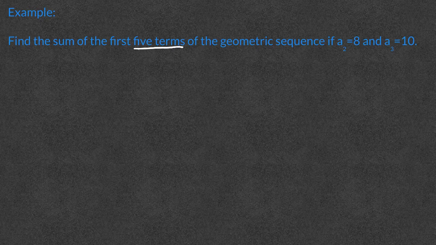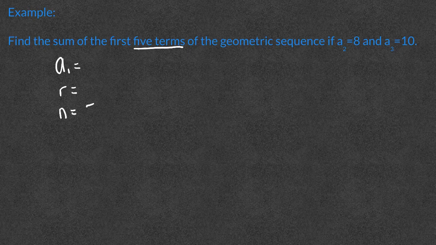Now, what this is telling me is that the second term of my sequence is 8 and the third term of my sequence is 10. And I can use that information then to determine what my common ratio is. So that's a piece of information that's not given to me. And the other piece of information that's not given to me is my first term.